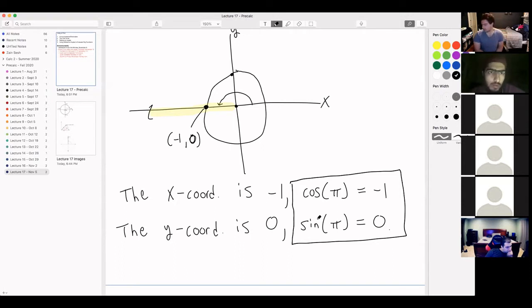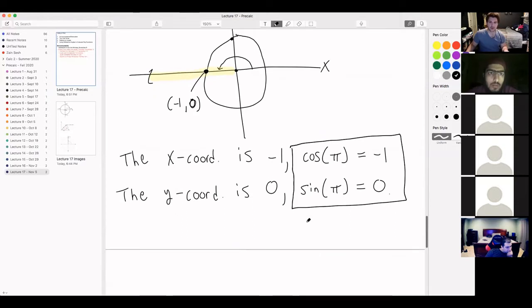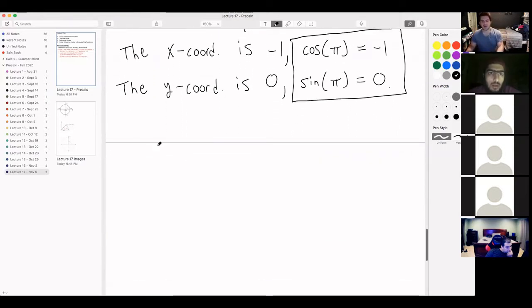Okay, very good question. So this goes a little past the scope of this course, but very quickly, if you have the coordinate pair cosine theta, comma, sine theta, this is your x value and this is your y value. This is a coordinate pair in the xy plane.